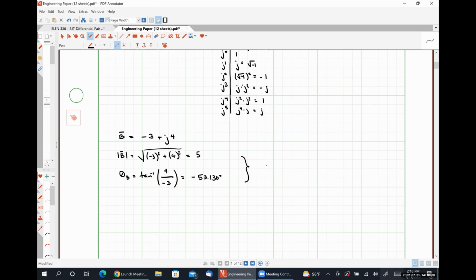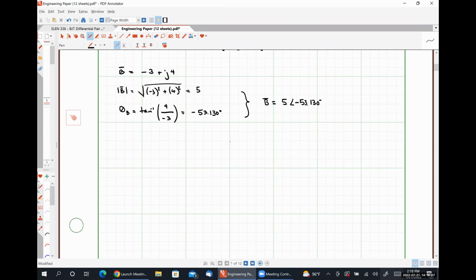Putting these results together, we would assume then that the polar form representation of B, which is -3 plus J4, would be 5 angle -53.130 degrees. This is actually not true.